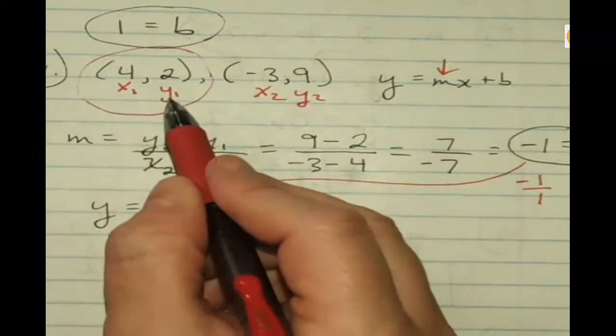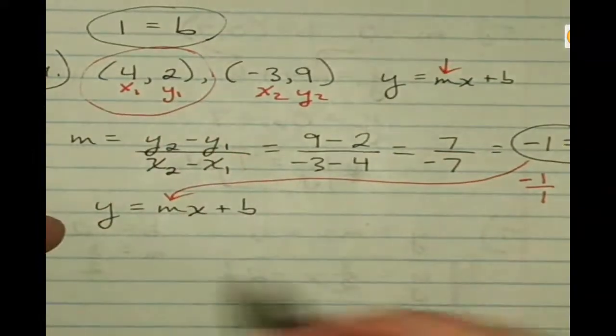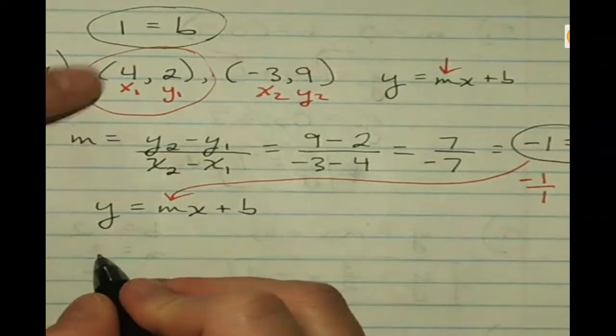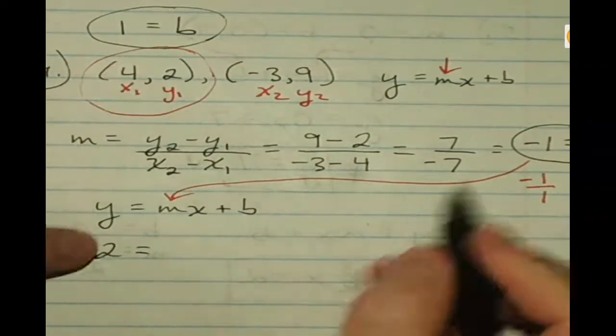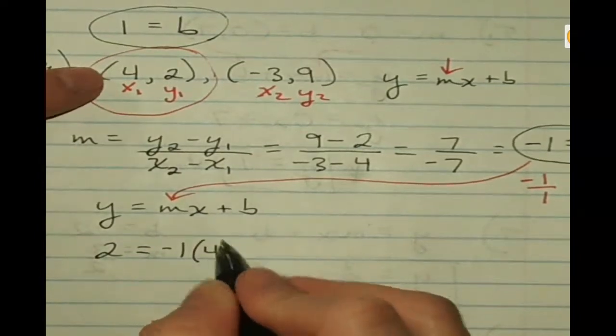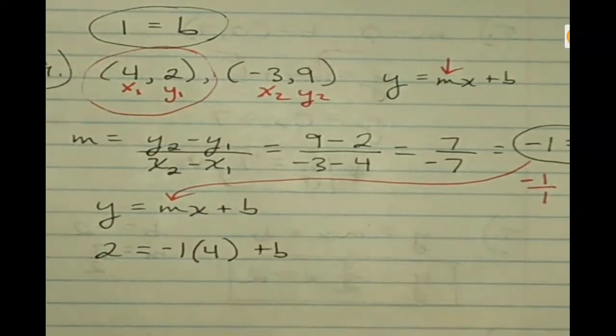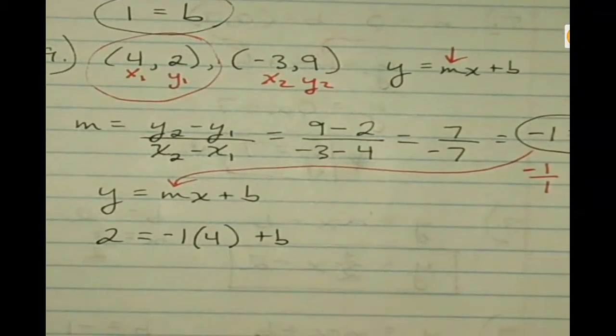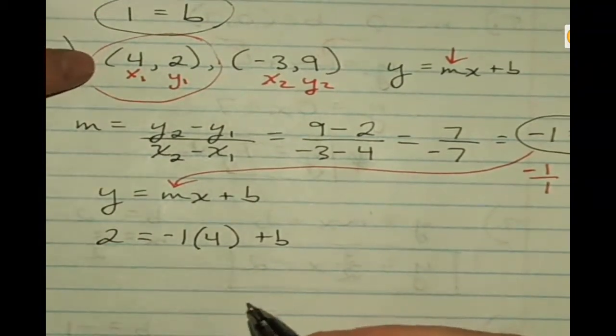We have the x1 and the y1. So then we have, what's y? 2 equals -1 times 4 plus b. Where did you get 2? Right here. Oh, okay. You got it? I was trying to not draw a bunch of arrows.